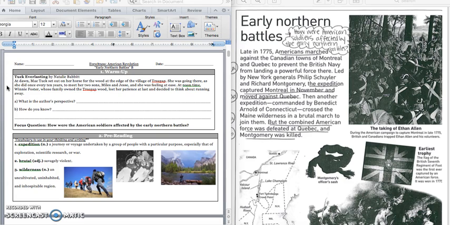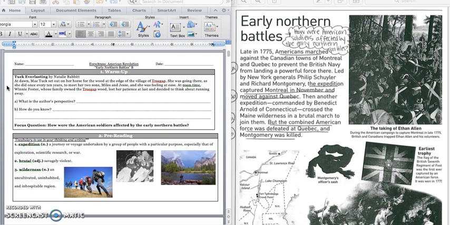So if you want to take out your homeschool journal and turn to your author's perspective page to help you figure this out, you can. It says, at dawn, May Tuck set out on her horse for the wood at the edge of the village of Tree Gap.